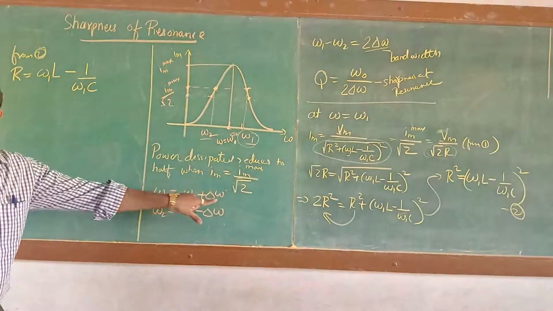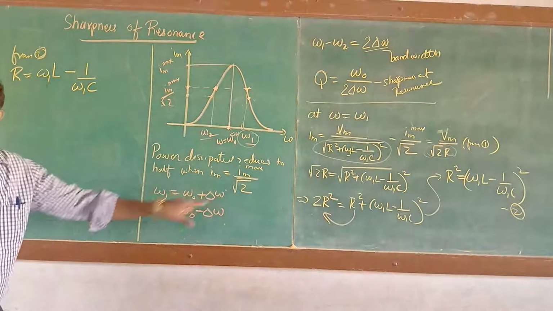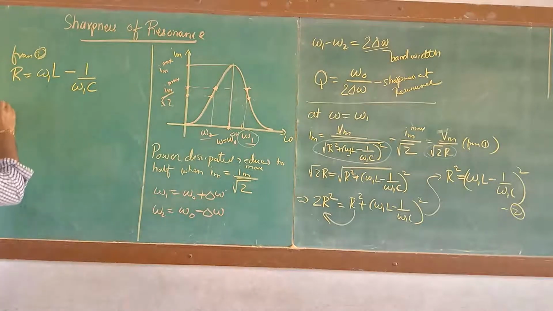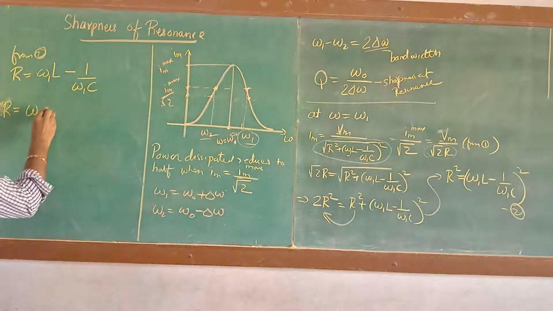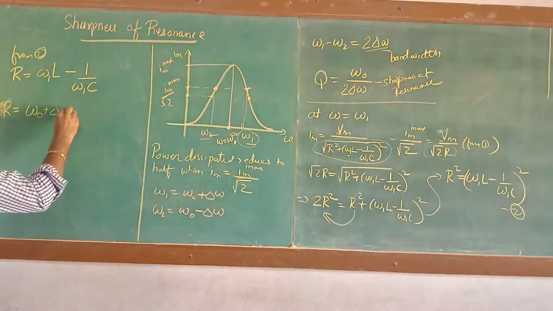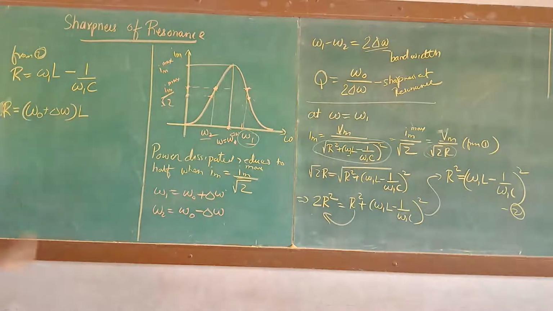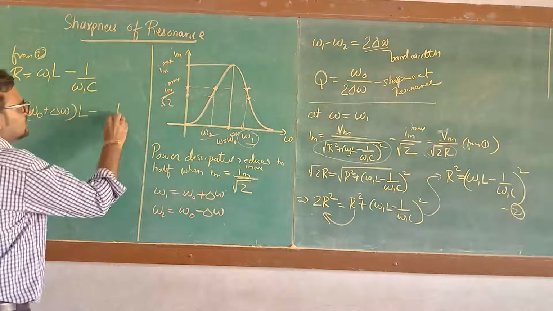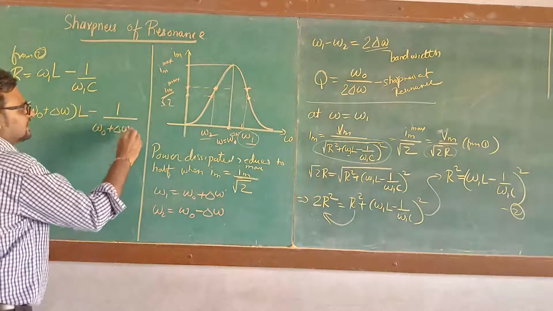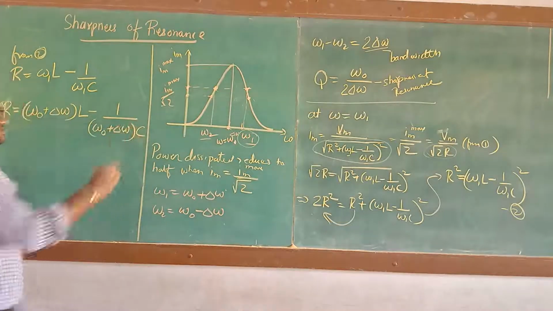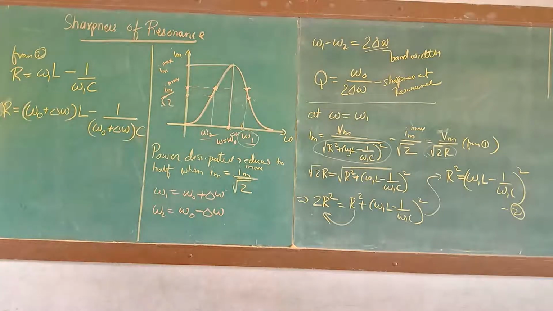Now what is omega 1? Omega 0 plus delta omega. So R will be equal to (omega 0 plus delta omega) L minus 1 upon (omega 0 plus delta omega) C. Clear?